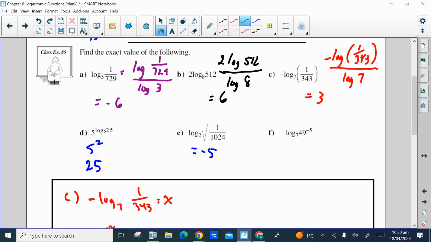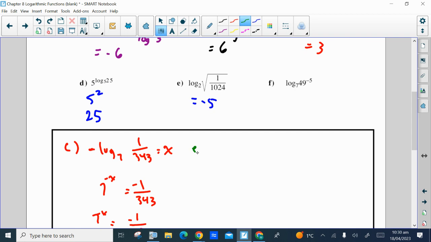If you're going to do this one manually, if you want to know what log base 2 of the root of 1024 is, we would let it equal x. And then we convert from logarithmic to exponential.